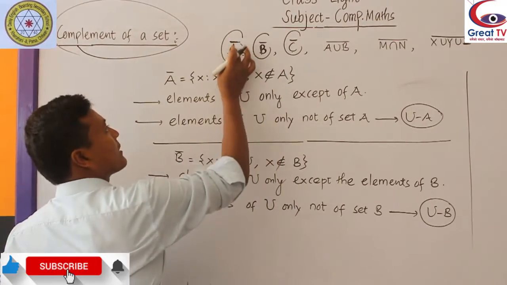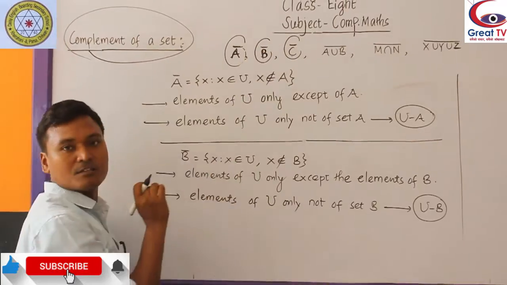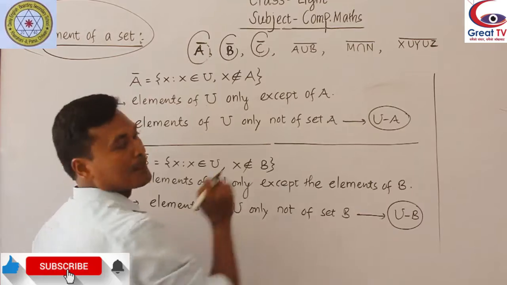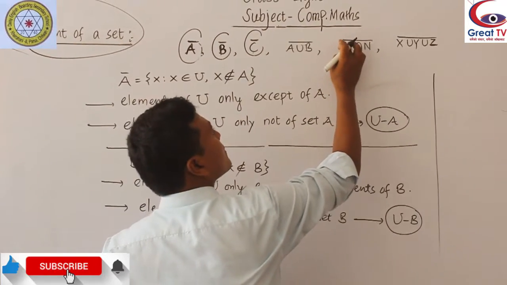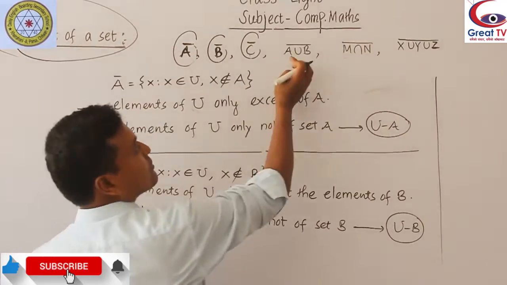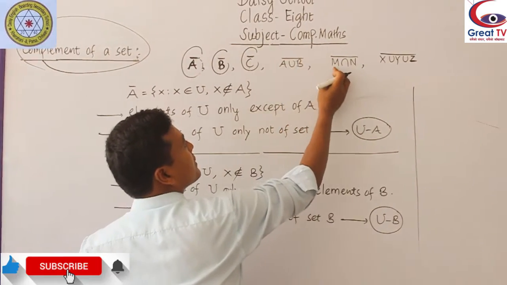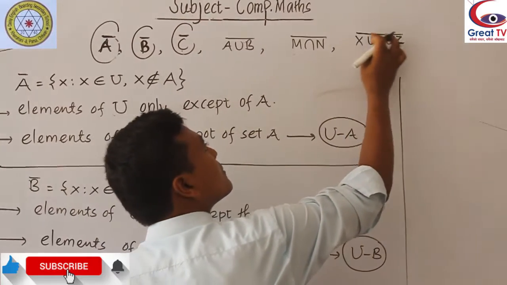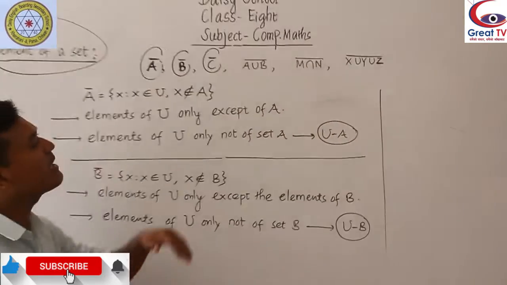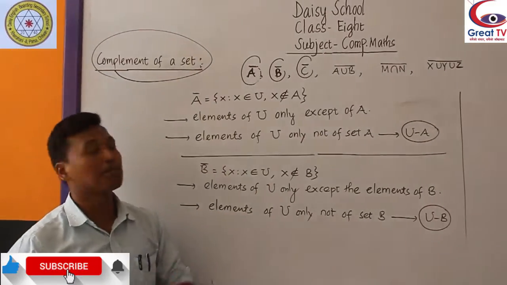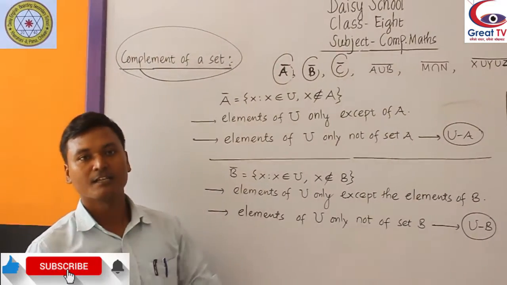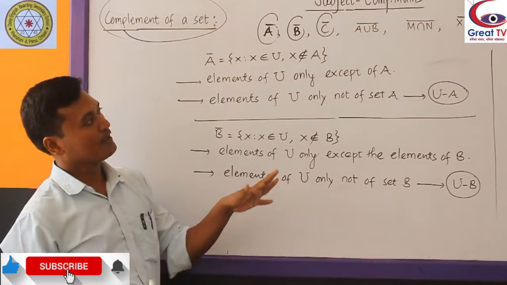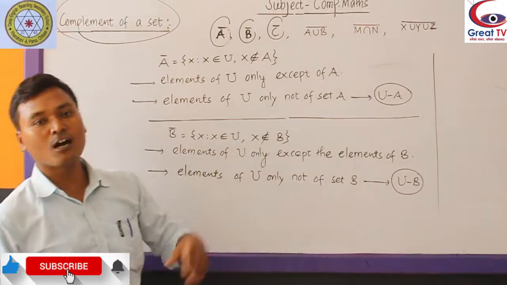Similarly, A bar, A complement, B complement, C complement, A union B whole complement, M intersection N whole complement, X union Y union Z whole complement. We may have some others also, but if a bar is written just above any one set, we have to calculate the complement of that very set. So it's very easy to read out.